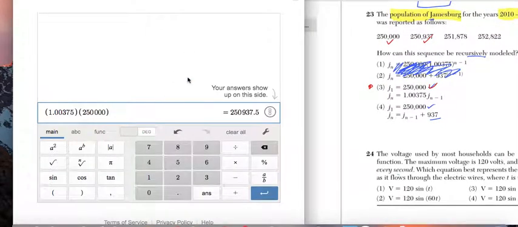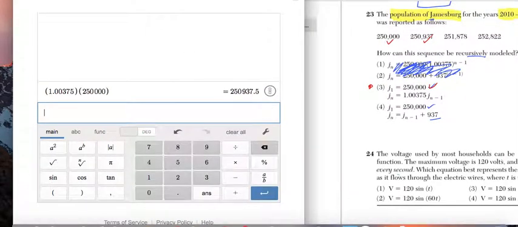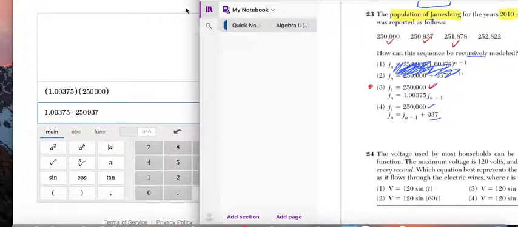Now I'm going to take the next term, 250,937, and multiply that by 1.00375. I'll just hit the times button this time instead of putting parentheses. It's less work. And we get 251,878, which checks out so far.